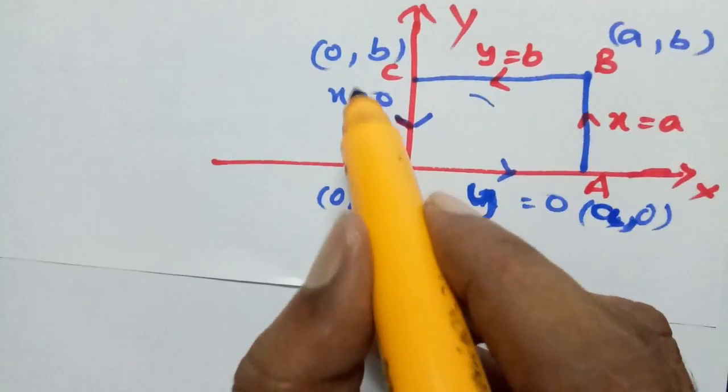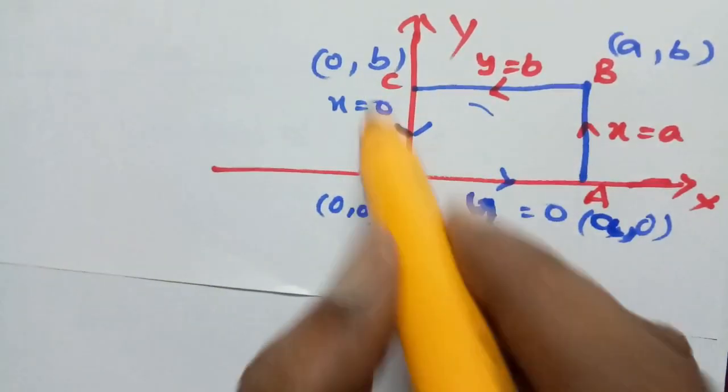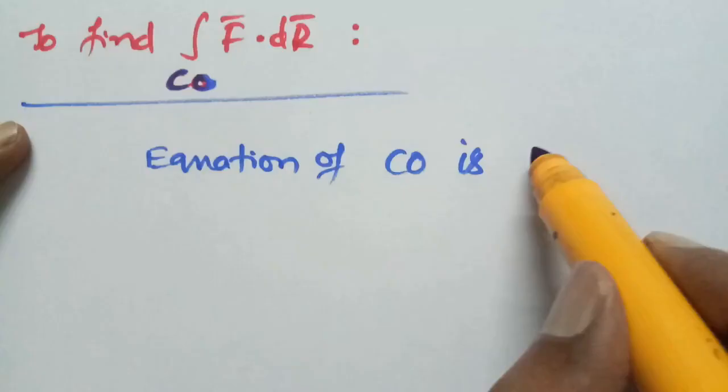Therefore dx is equal to 0, and y varies from b to 0 in this direction.